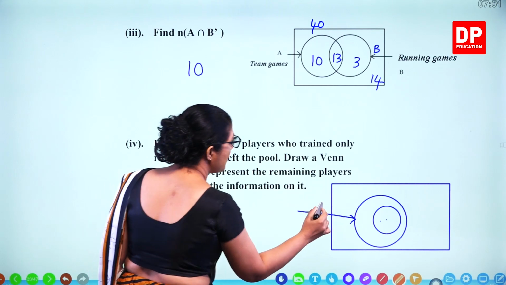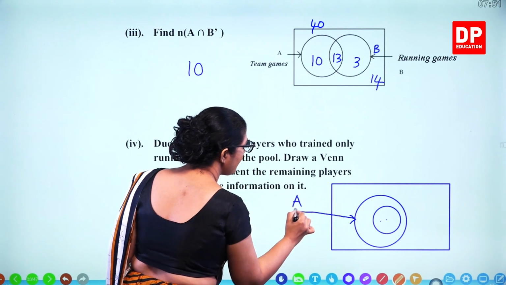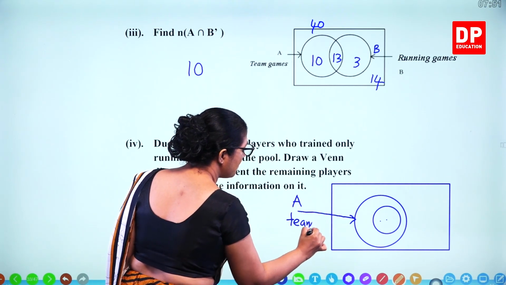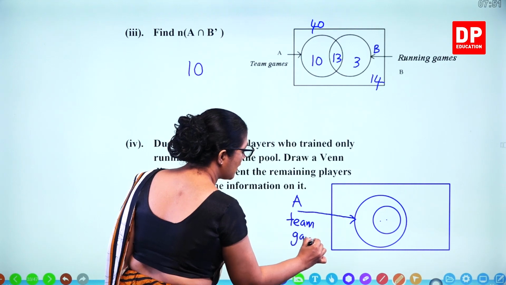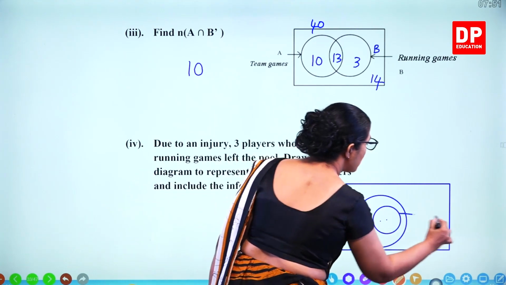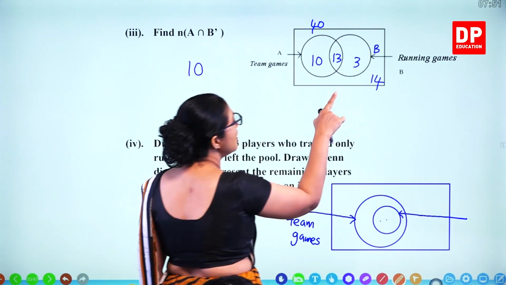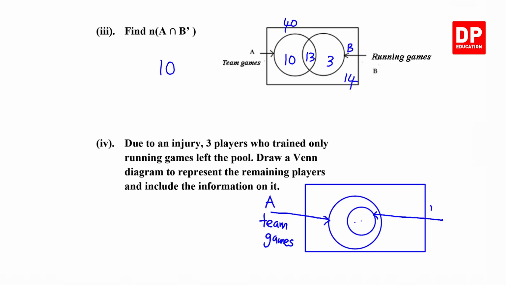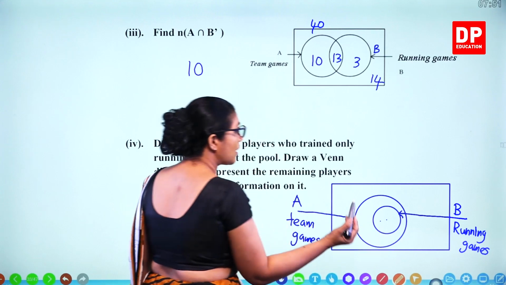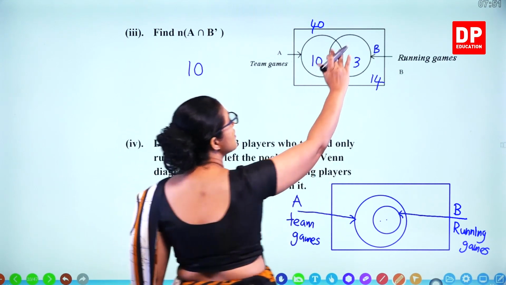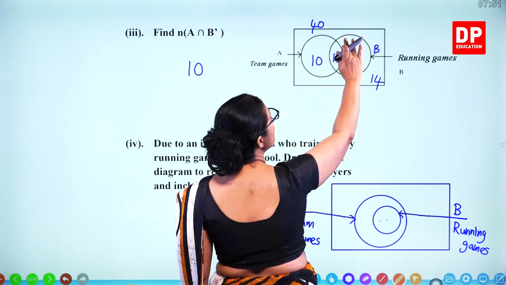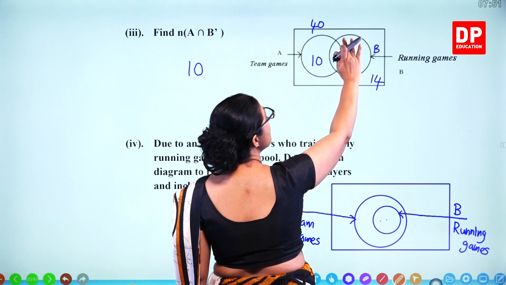This one is the team games. That's A. And this small circle now becomes the running games. That's B. Now this part is left. So these three students left.